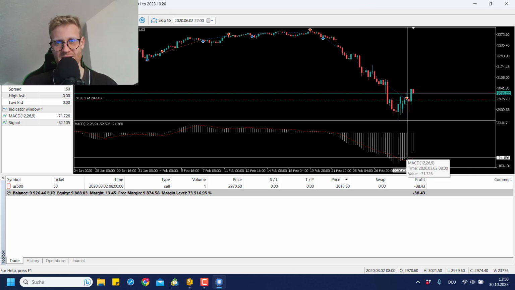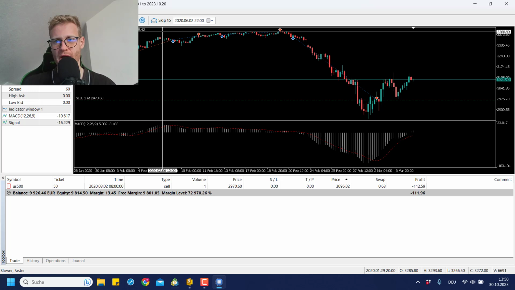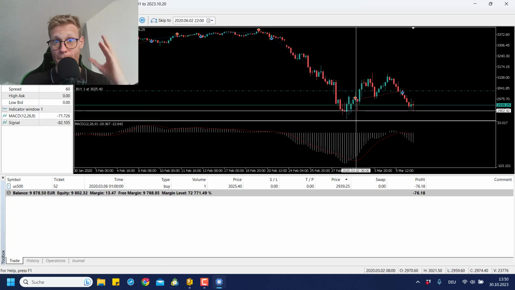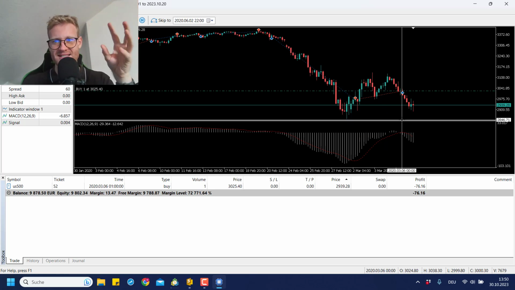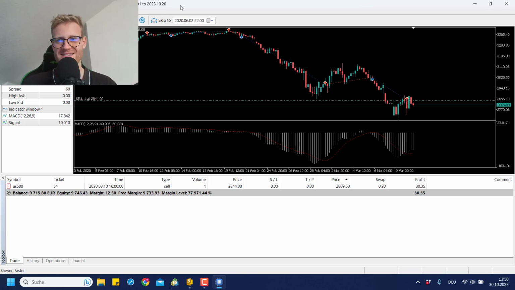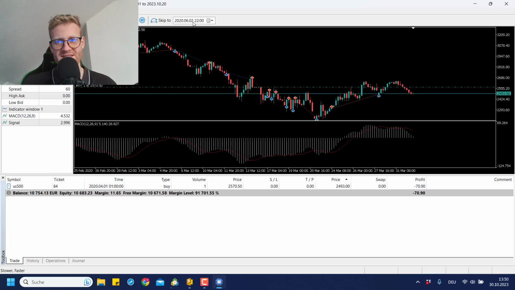Instead, we are selling. And what this means is that we're turning around every single signal. So you can see this was a buy signal, but we enter the sell trade. This was a sell signal, but we enter a buy trade. So this should, in the best case, turn around the outcome of this test, right?